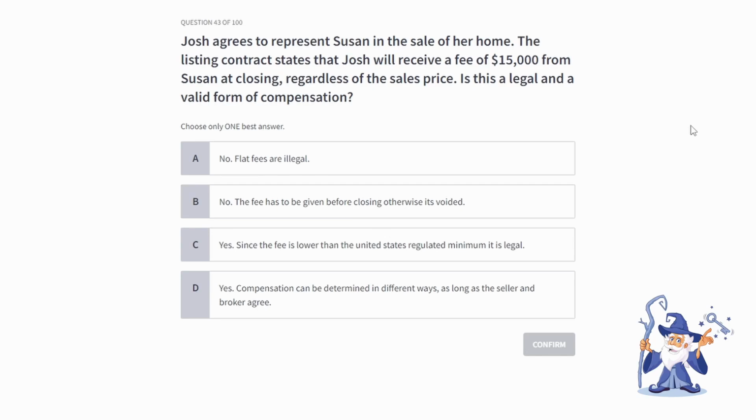A, no, flat fees are illegal. B, no, the fee has to be given before closing, otherwise it's voided. C, yes, since the fee is lower than the United States regulated minimum, it is legal. And then D, yes, compensation can be determined in different ways, as long as the seller and broker agree. So take a moment to think that one over and come up with your answer.